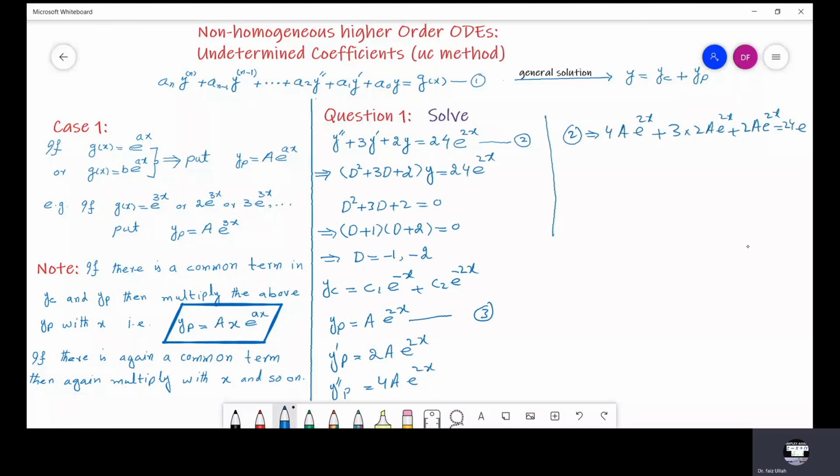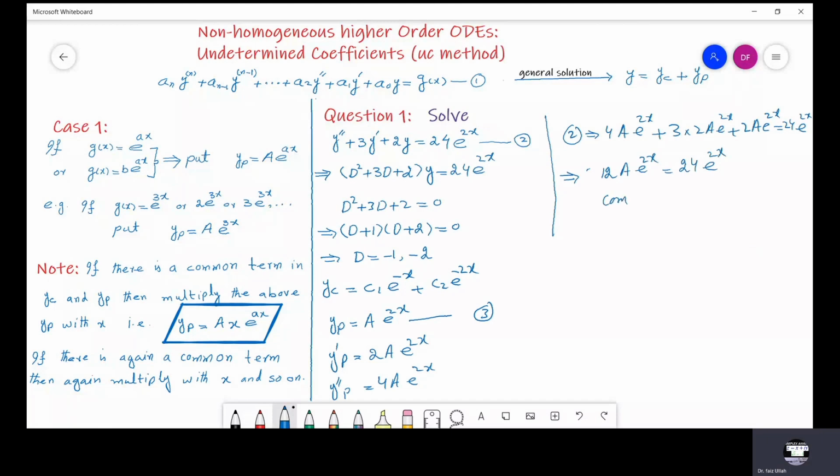which is equal to 24 e power 2x. If we simplify this, we get 4, 3 2s are 6. So this is 10, 10 plus 2 is 12. So we get 12a e power 2x is equal to 24 e power 2x. Let us compare the coefficient of e power 2x on both sides.